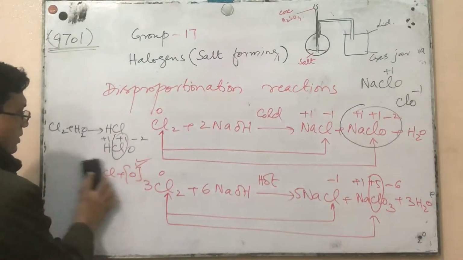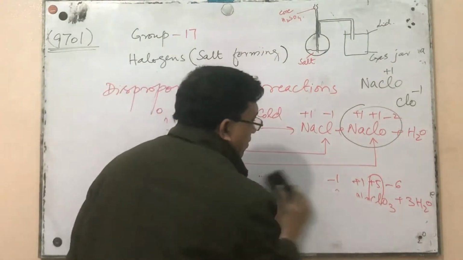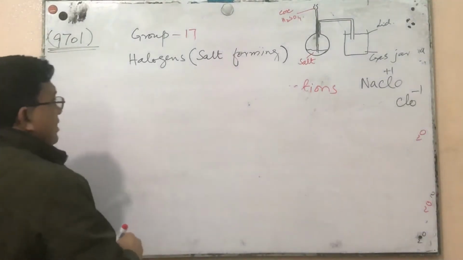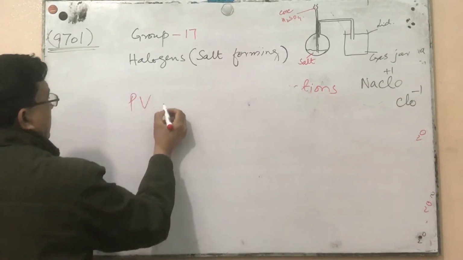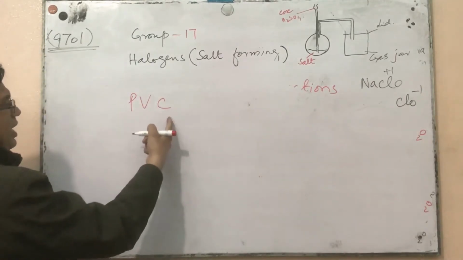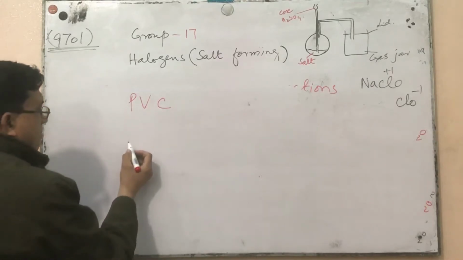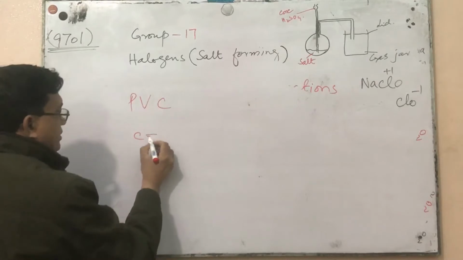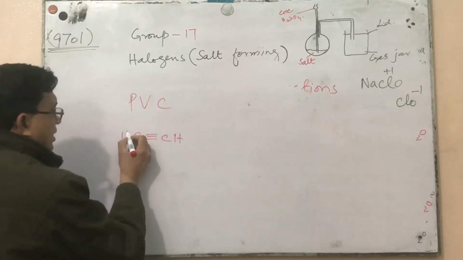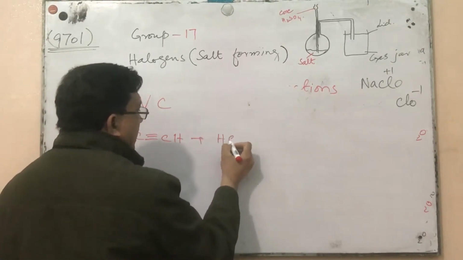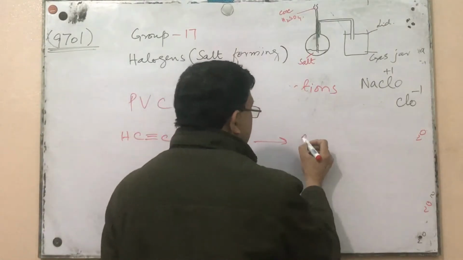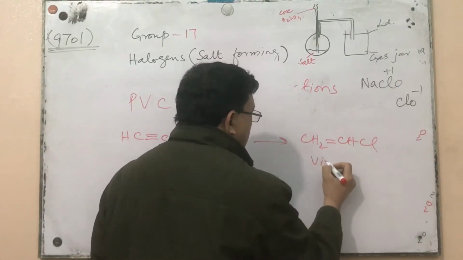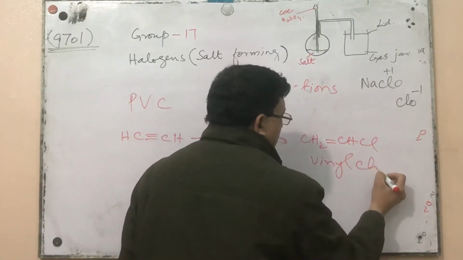Now further uses of halogens: we know that in case of PVC formation, polyvinyl chloride, for example, if we have acetylene and we react it with HCl, we will get CH2=CHCl. This is called vinyl chloride.